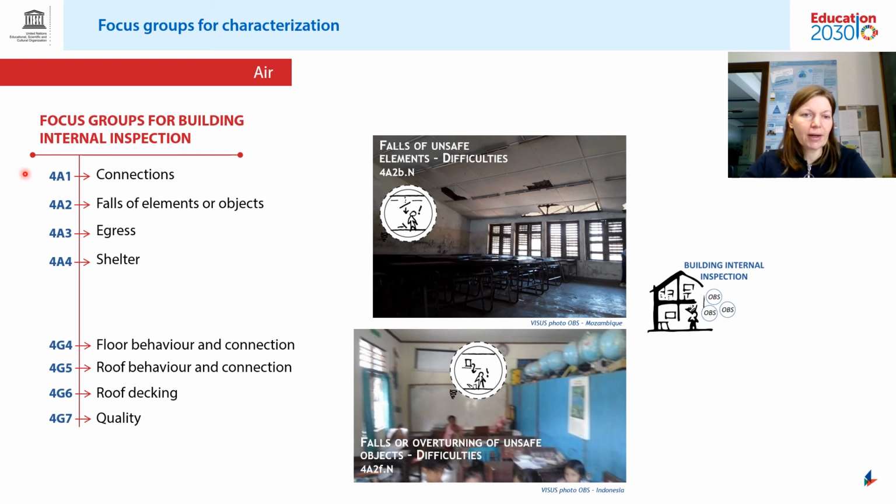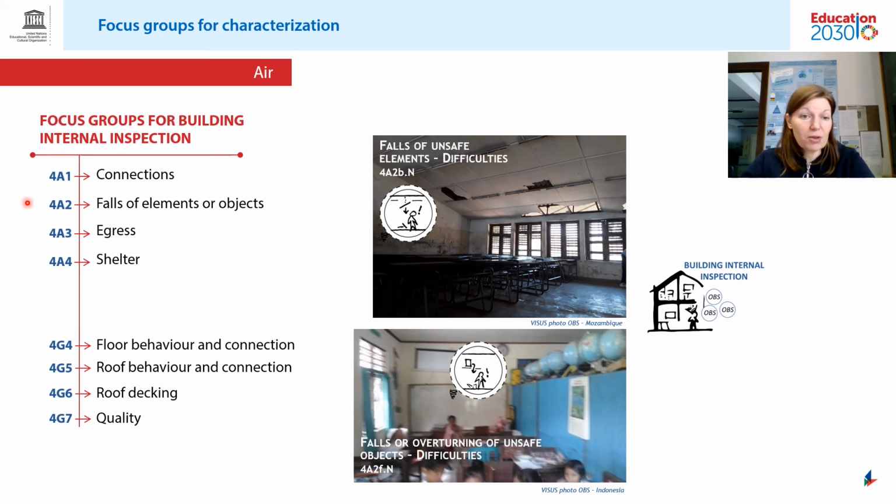Concerning the building internal characterization, there are different focus groups to inspect. It is necessary to inspect the connection of the structural elements to see if they can withstand the wind action. So if the roof could be uplifted or not, or detached from the walls.